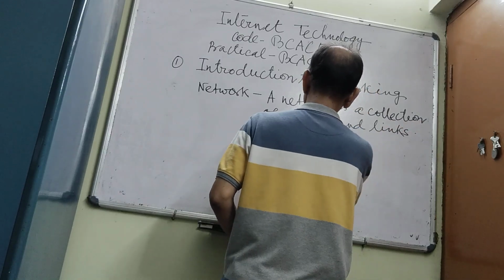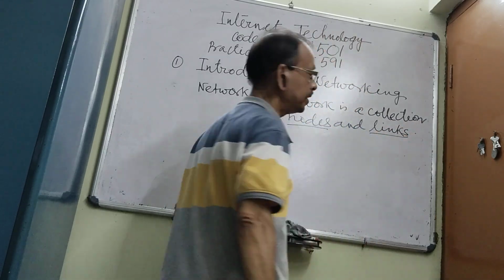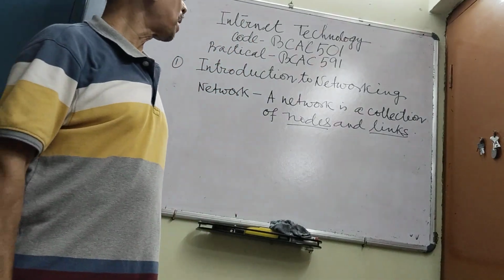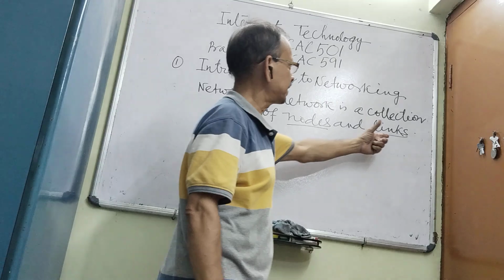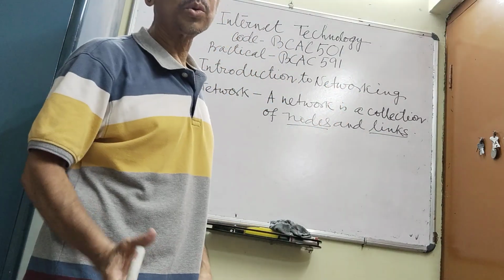These are the two parts. Any network has two parts, one is the node and the other is the link. Now what is node and what is link?